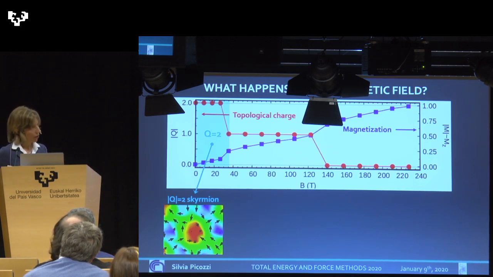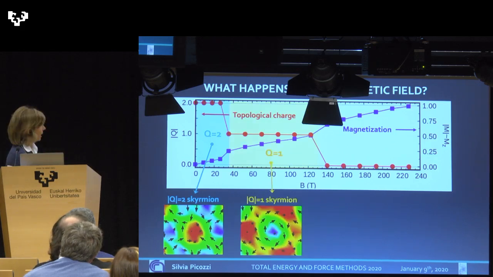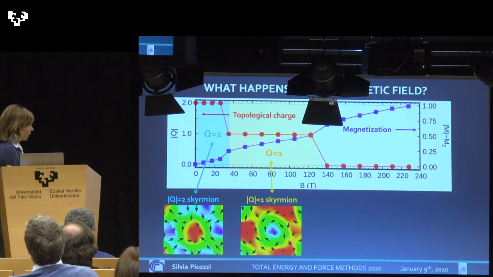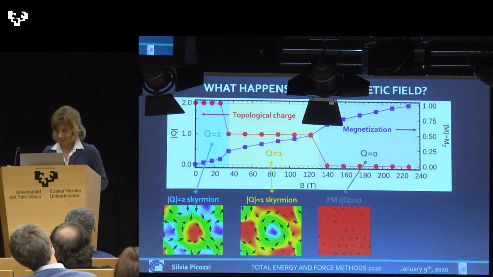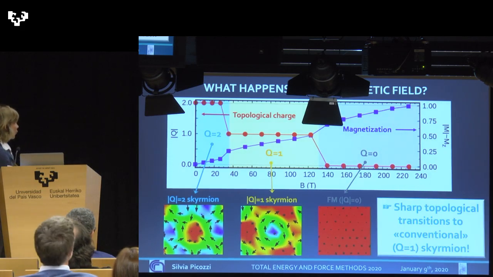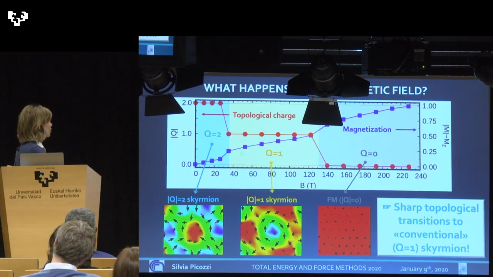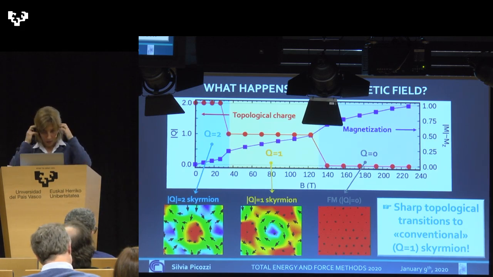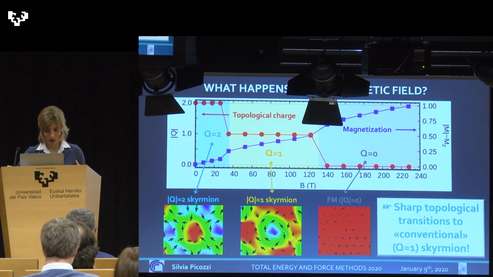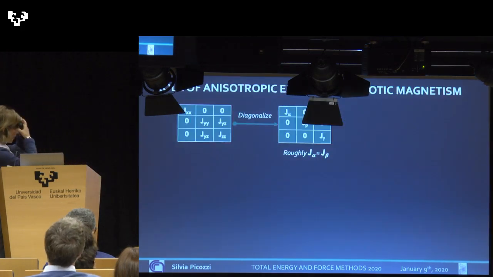For example, with U or J, or if you strain it. So it's really, really strong. And then there is a region in which you have more of a conventional skyrmion lattice, and then of course it goes ferromagnetic if you apply 120 Tesla. And these transitions are really sharp, so it's really changing topology. We are still investigating the origin, but we really think that anisotropic exchange is making the game.